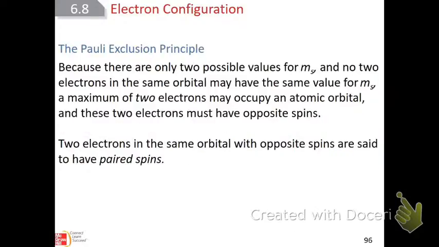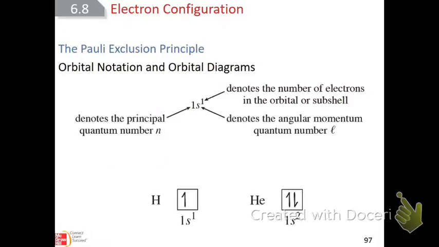Here's an example of a simple electron configuration for hydrogen. It shows you right here the 1 in front denotes the quantum number, or what energy level that electron is found in.